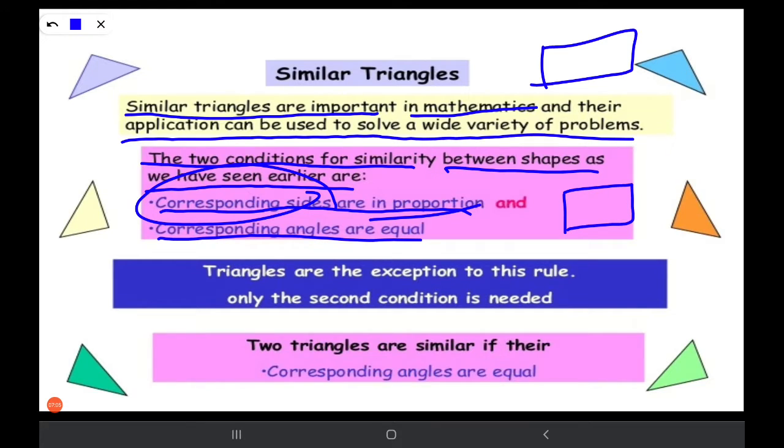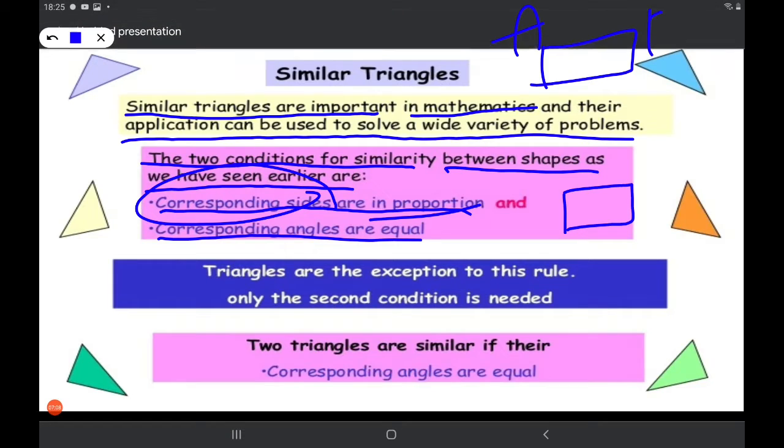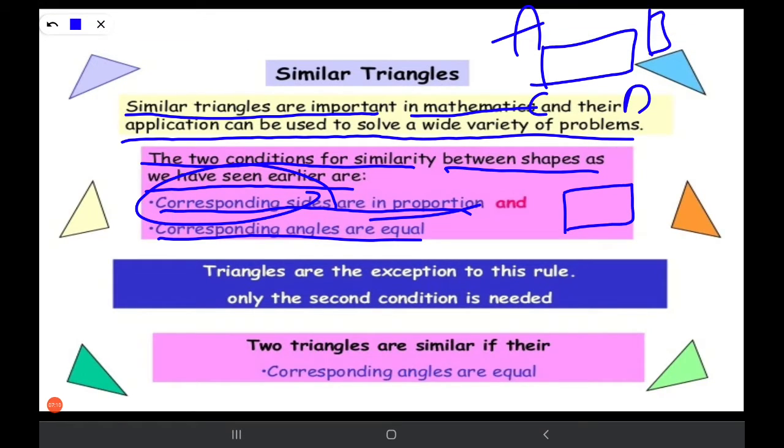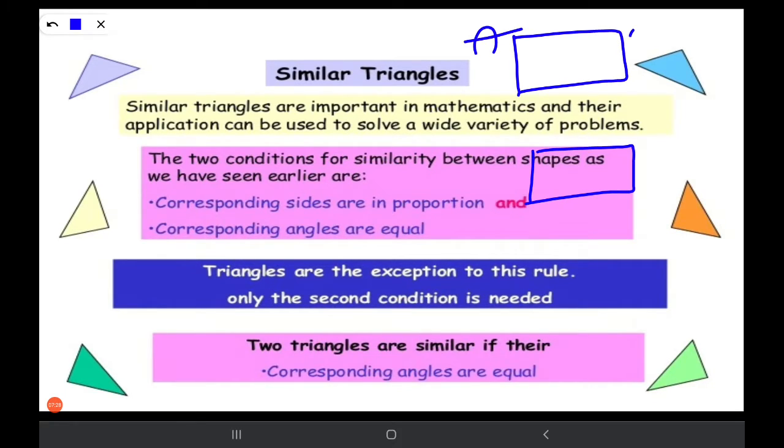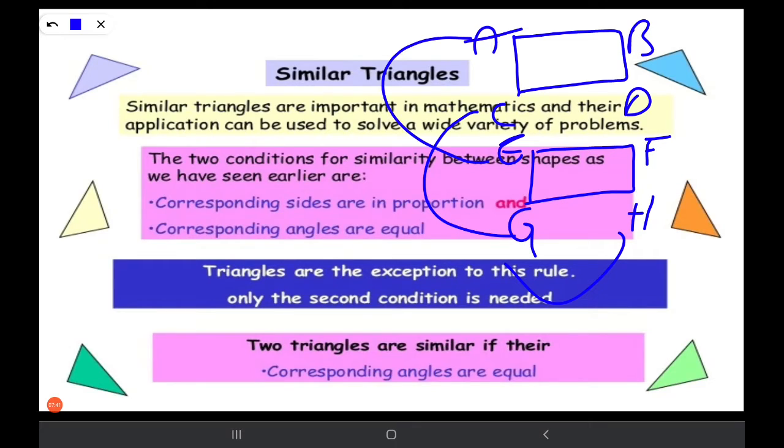their corresponding sides, so let us take A, B, C, D, E, F, G, H. So CD is corresponding to GH and EF is corresponding to AB.